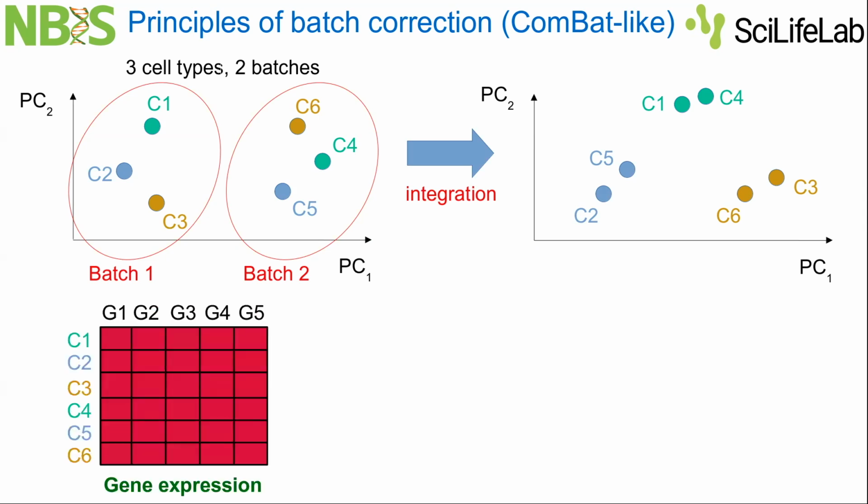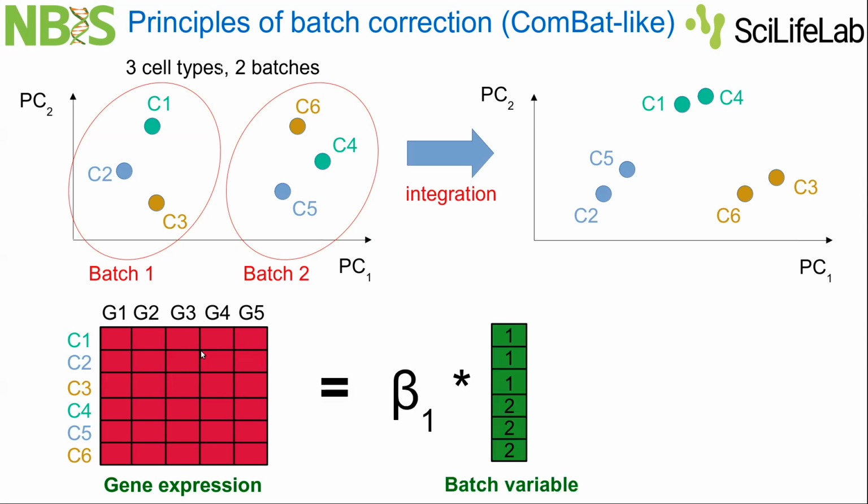To do it in the simplest way, what limma or ComBat did previously in the old days, we are creating the following model. We are modeling this gene expression matrix. These 6 cells are coded here in this gene expression matrix with 5 genes. We assume that the variation in gene expression in this matrix is due to, first of all, batch.